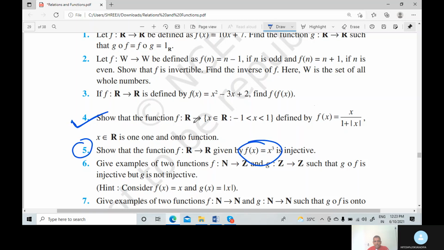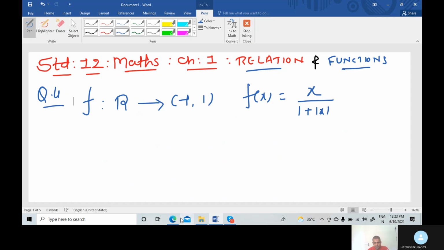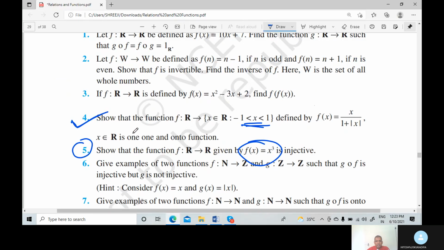Show that the function f from R to the open interval (-1, 1) defined by f(x) equal to x upon 1 plus modulus x is one-one and onto.